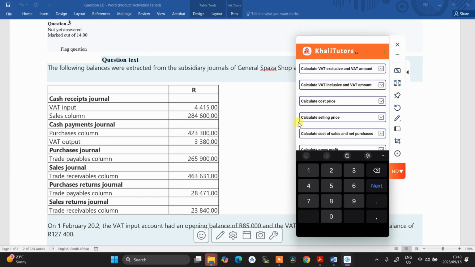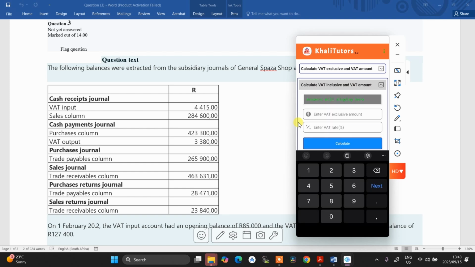So that's what we are going to do. We are going to calculate the VAT inclusive and VAT amount, even though the VAT inclusive value is not going to be used here. So I'm going to type the VAT exclusive amount here. It's 423,300, and then the VAT rate is 15%, and then you click calculate, and then you get the VAT amount.